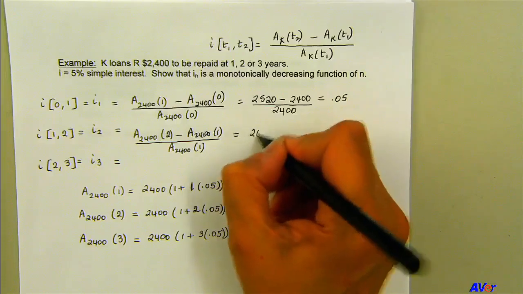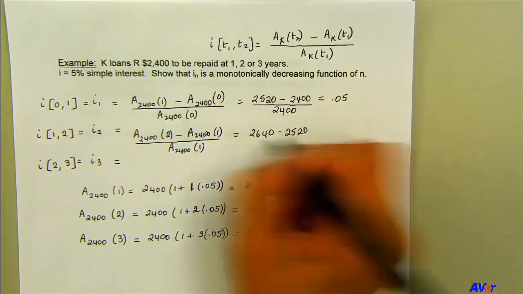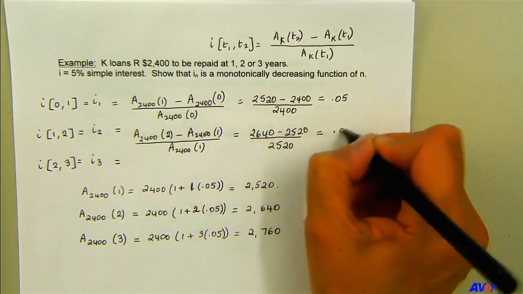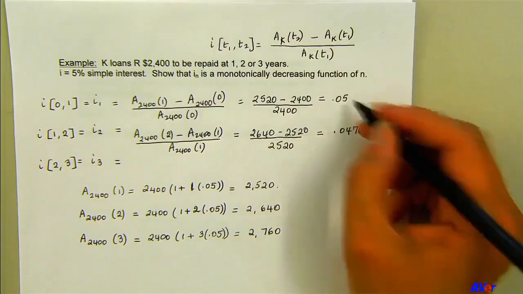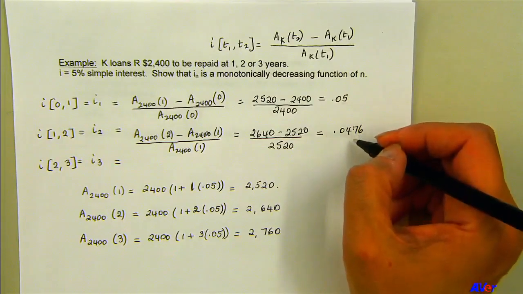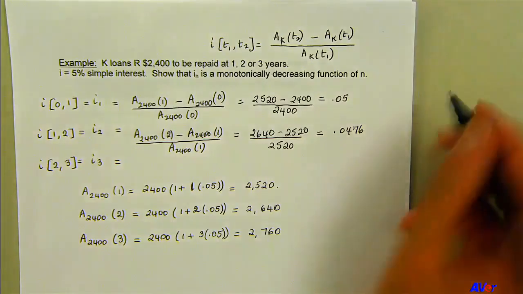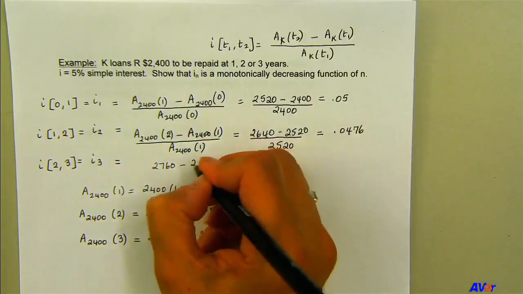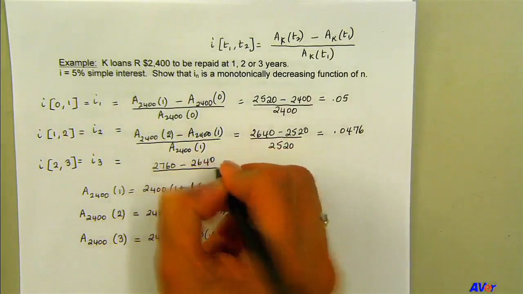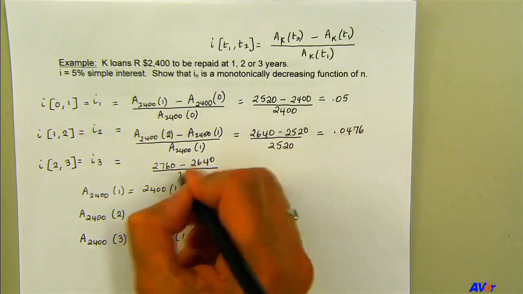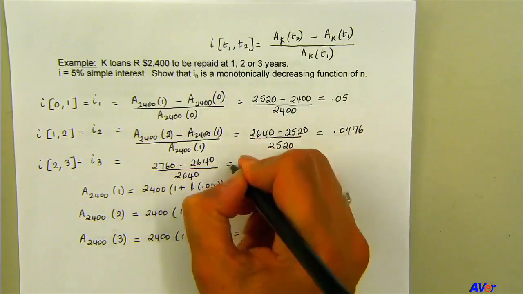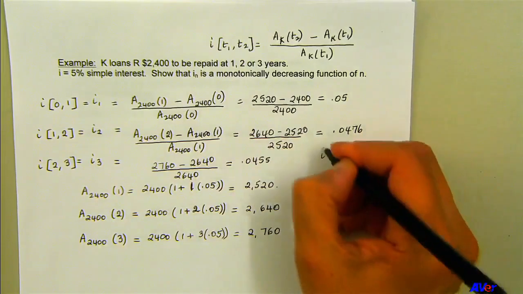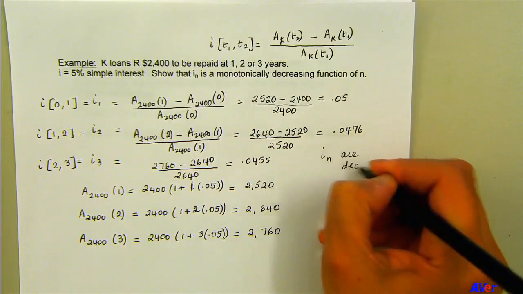So 2640 minus 2520 over 2520. 0.0476. It's going down. No surprise there either. And lastly, 2760 minus 2640. The numerator remains 120 over 2640, which is equal to 0.0455. So these are decreasing. IN are decreasing as expected.